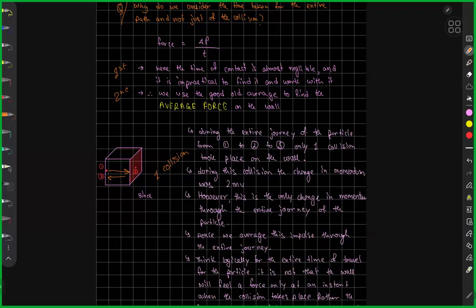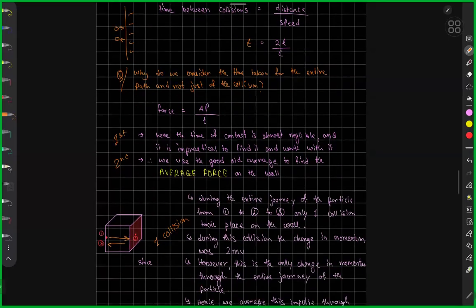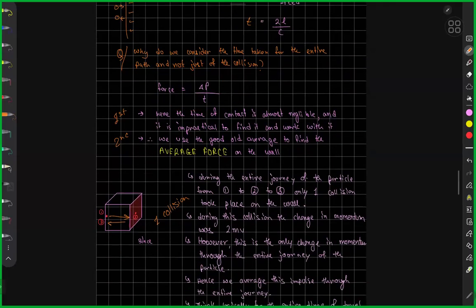This is why we make the assumption that the time of collision is the entire time of the particle's journey from point A to B and B to A. So we consider this distance, and we get the time, and this time is the entire journey. So this is the force ultimately.